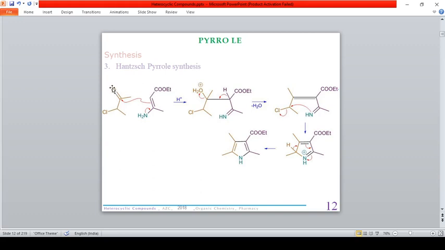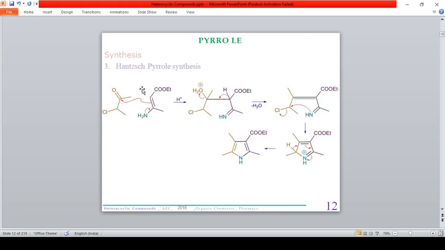Now what happened? It is O negative. The protons will come. A proton will come from the solution and bind to it. Or you can say that a proton can come from here, because this nitrogen will become positively charged, and in order to stabilize itself, it will lose a proton. So that proton will bind to this oxygen, and some can come from the solution, and this will be released as water. And what will facilitate the release?